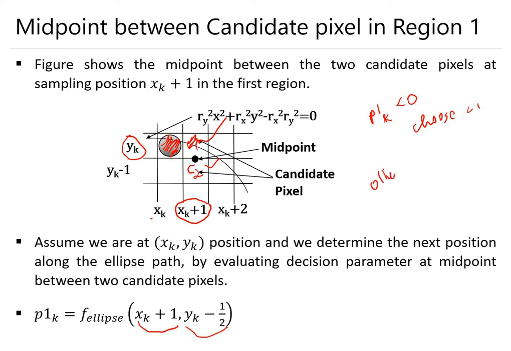Otherwise, we will choose C2, the bottom one. That is how the pixel moves. Now we know that the ellipse line is this, so the top one is closer in this case. So here we will choose the top one.